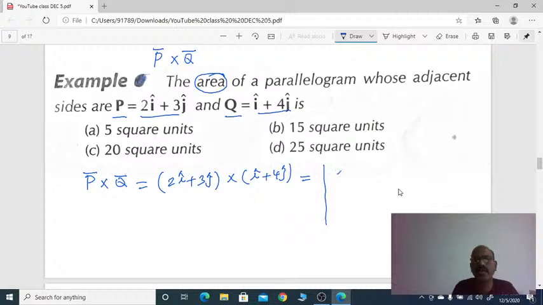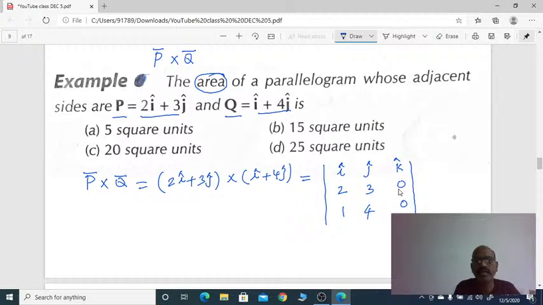Only i and j are there, so we write i cap, j cap, k cap. The k term is not there, so we put 0. First row: 2, 3, 0. Second row: 1, 4, 0.